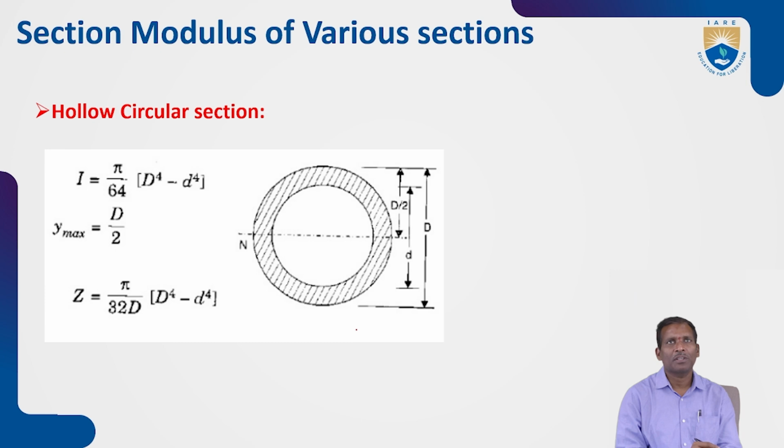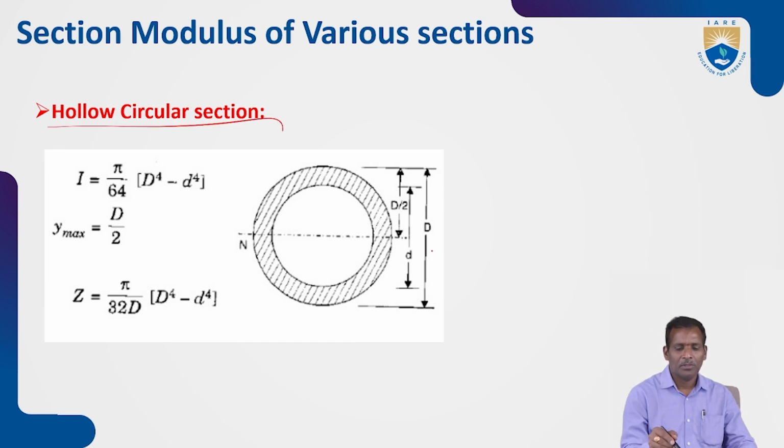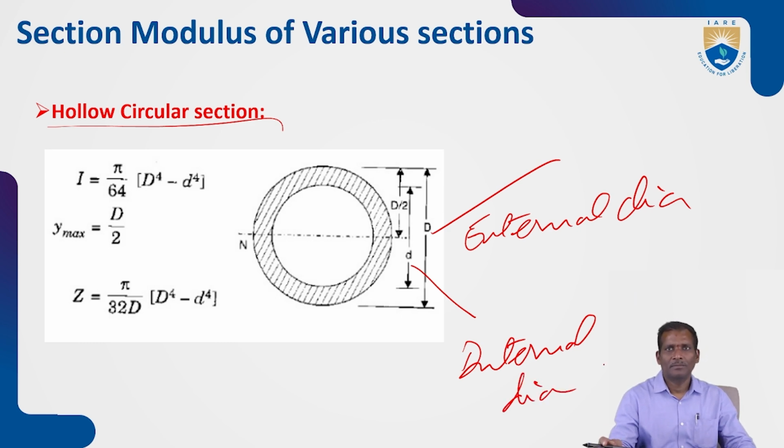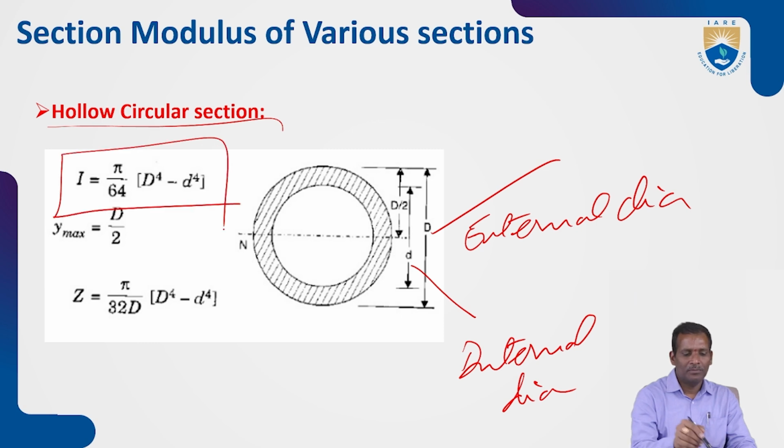Next, the hollow circular section. The circular section has an internal diameter and an external diameter. Capital D is the external diameter and small d is the internal diameter. Here calculate the I value.